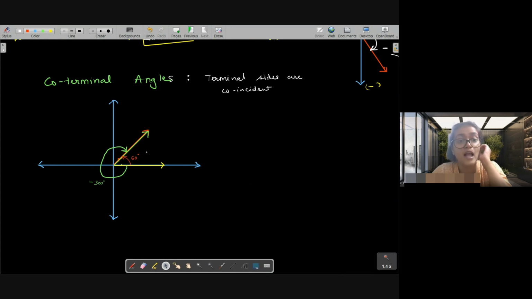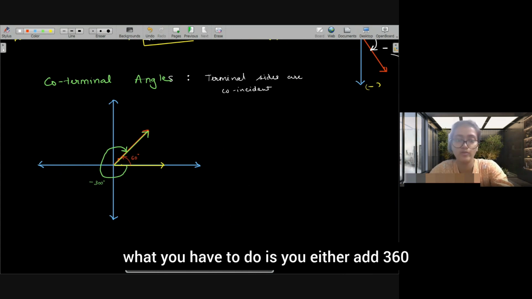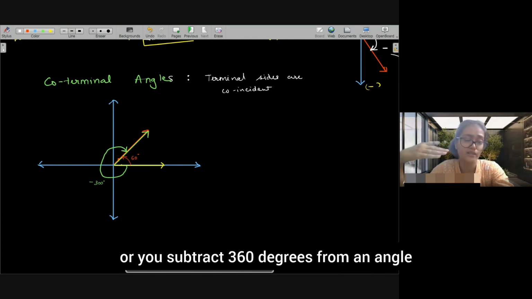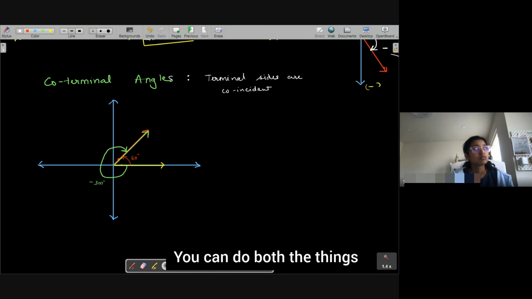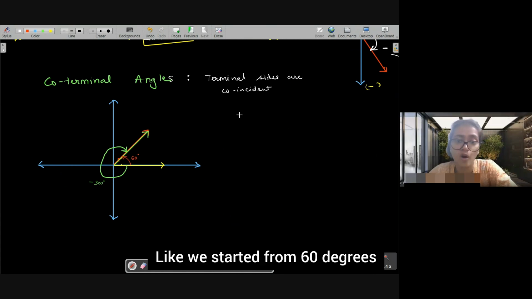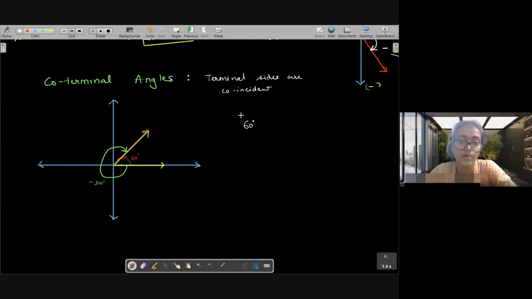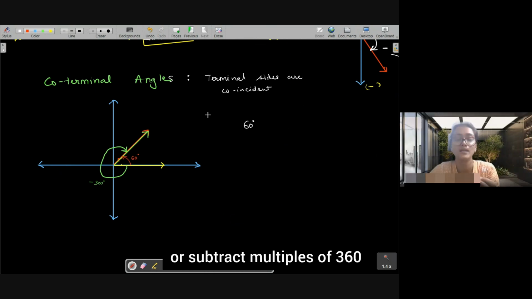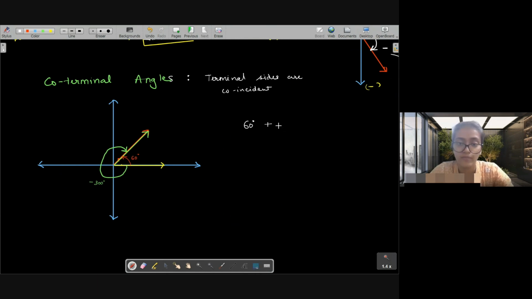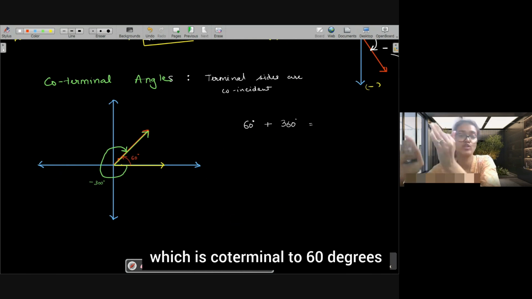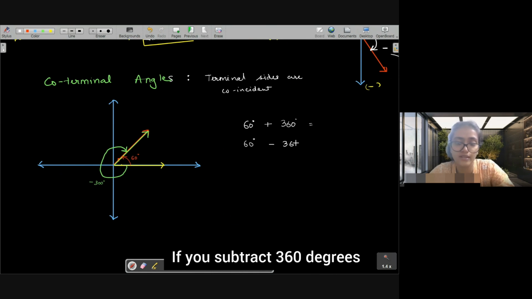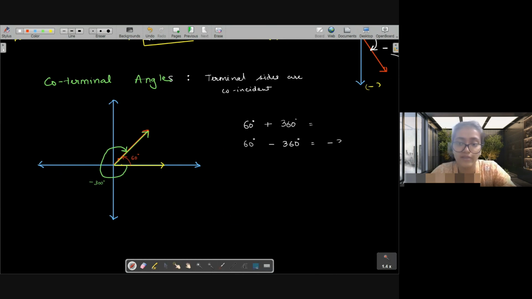So to get coterminal angles, what you have to do is either add 360 degrees to an angle or subtract 360 degrees from an angle. You can do both things. We started from 60 degrees, so basically you have to add or subtract multiples of 360. If you add 360, you'll get another angle which is coterminal to 60 degrees. If you subtract 360 degrees, we get negative 300.